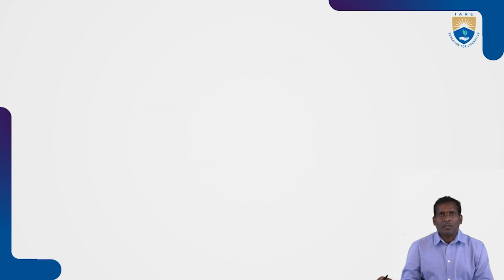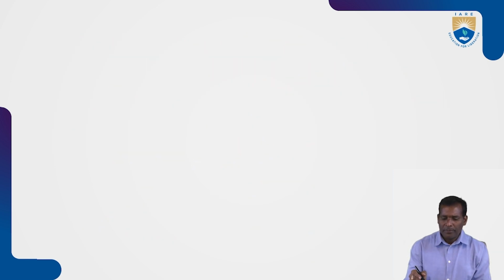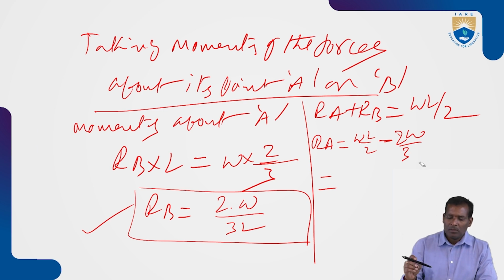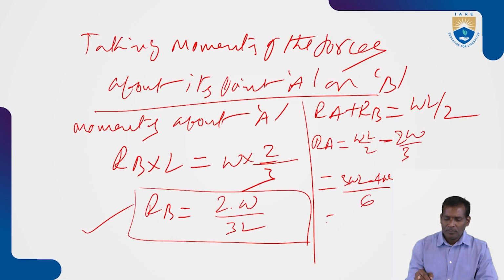Taking the LCM, we get 3WL minus 4WL, so minus WL by 6.